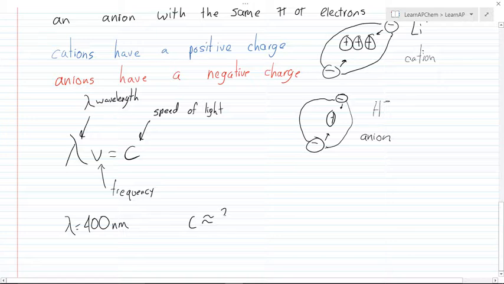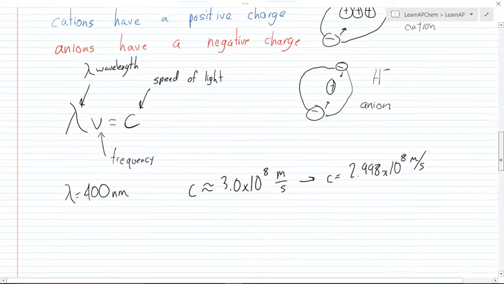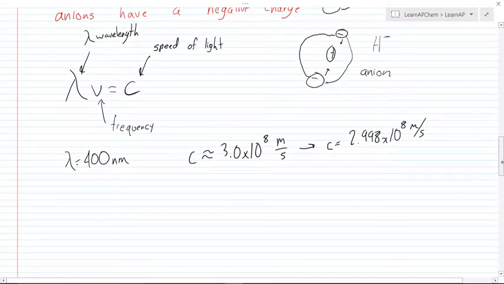Sometimes you'll see it as 3.0 times 10 to the 8th meters per second, but I would just write it as 2.998 times 10 to the 8th meters per second. So, that being said, we can solve this.